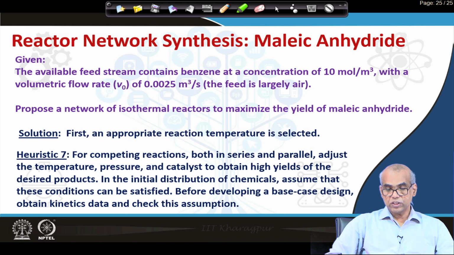For competing reactions both in series and parallel, adjust the temperature, pressure and catalyst to obtain high yields of the desired product. In the initial distribution of chemicals, assume that these conditions can be satisfied. Before developing a base case design, obtain kinetics data and check this assumption.